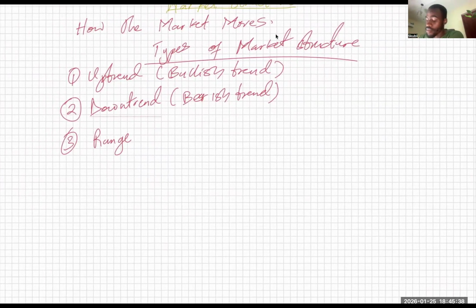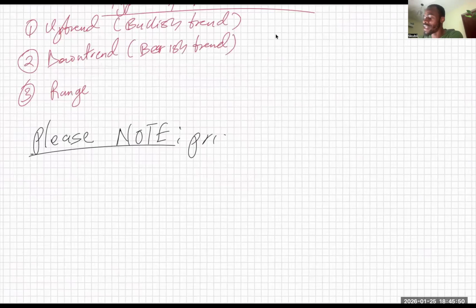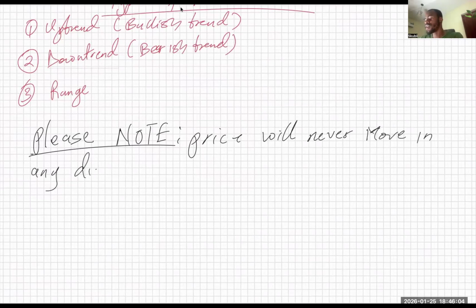So, before we continue, I just want to emphasize something. Please note that price will never move in any direction in a straight line.